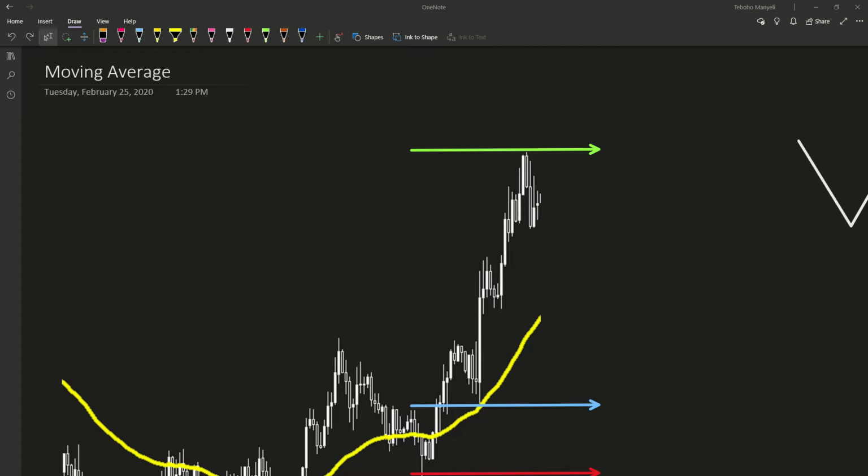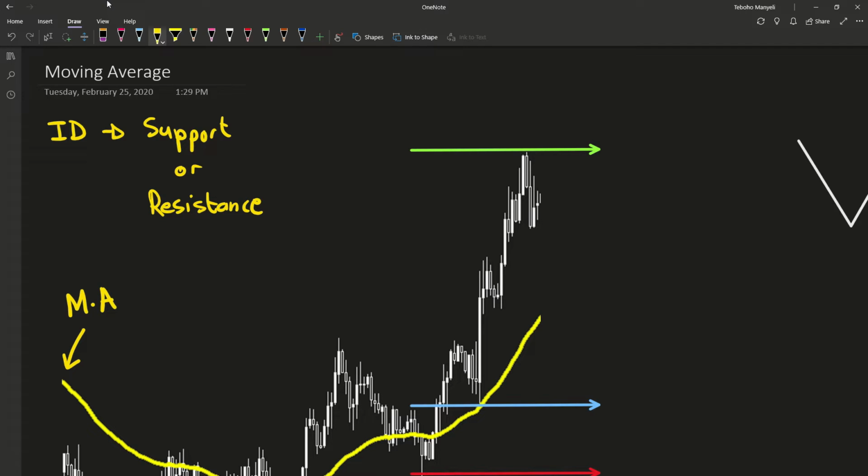Moving average. In this topic, we're going to be discussing a very special indicator. This yellow line here is known as your moving average, or for short the MA. So its job is to literally identify support or resistance.